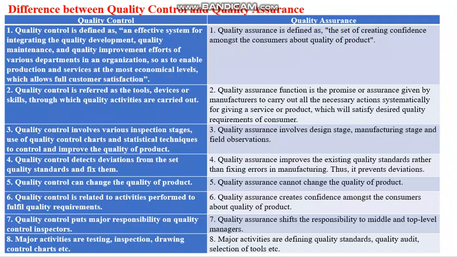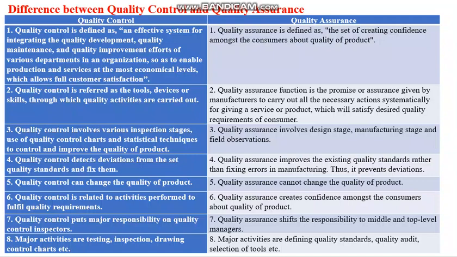Whereas quality assurance can be defined as the set of activities creating confidence among the consumers about the quality of the product that is produced in the company. The second difference is quality control is referred to as the tools, devices, or skills through which quality activities are carried out. Though quality control has some tools, quality control itself can also be treated as a tool. It is a device, or a skill, by which the quality activities are carried out in the company.